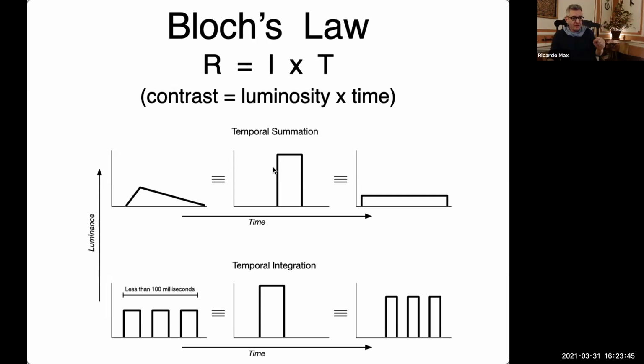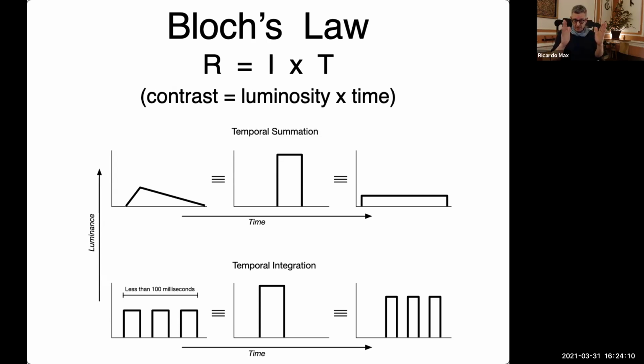Bloch's law says that our perception is identical within 100 milliseconds. It's a short period of time, but it's big enough perception-wise, in terms of processes that go on in our brain.